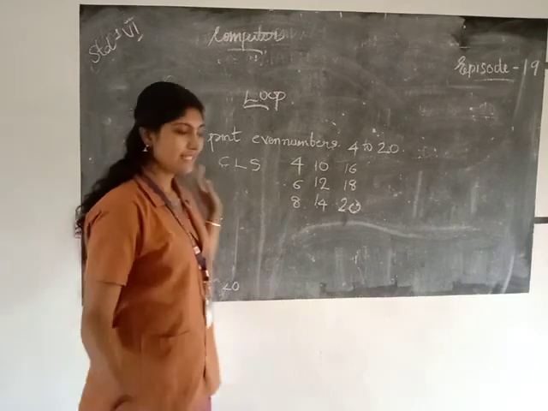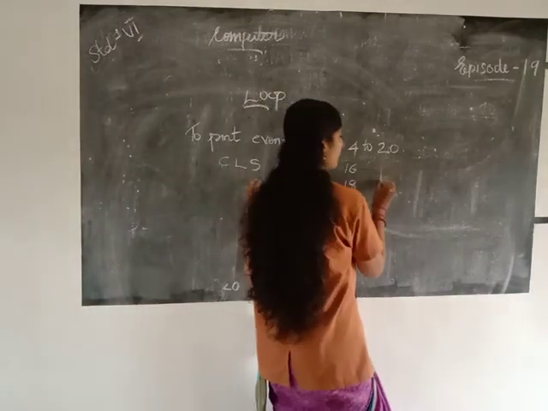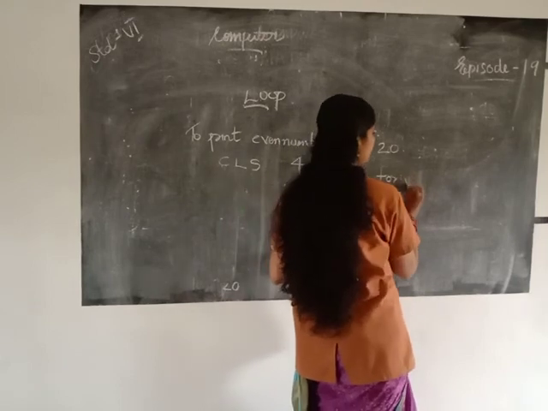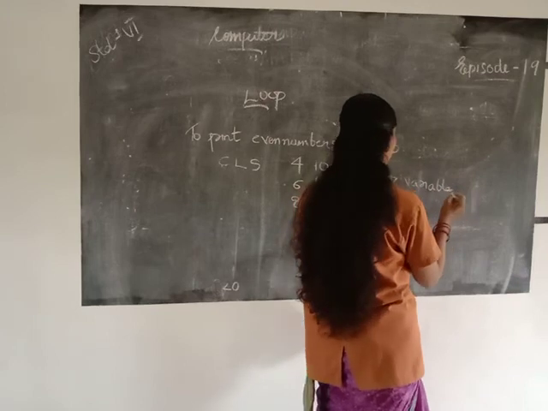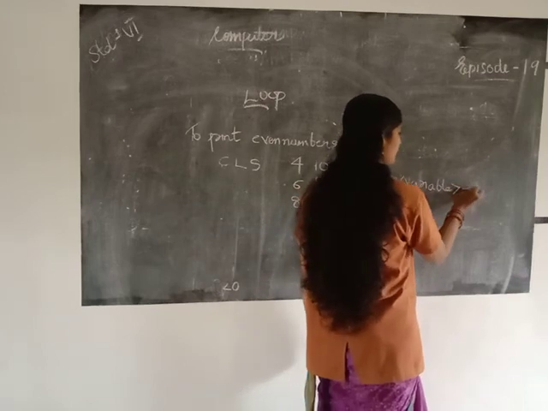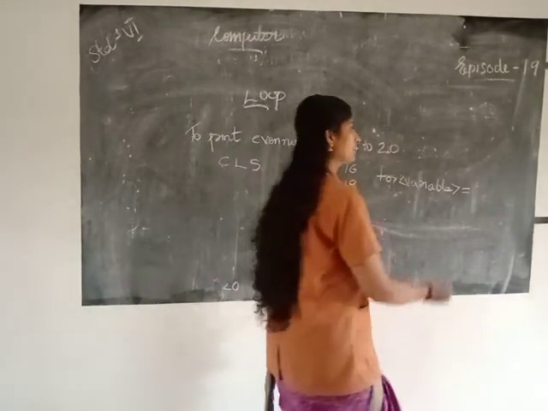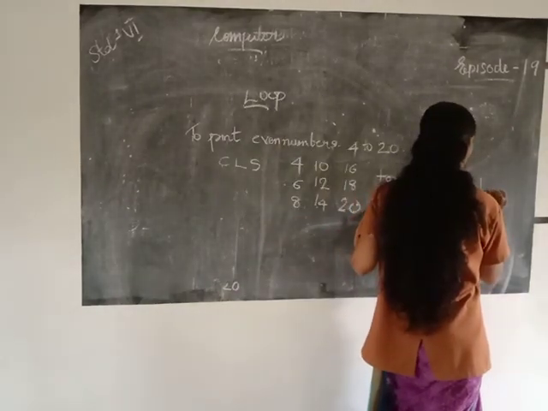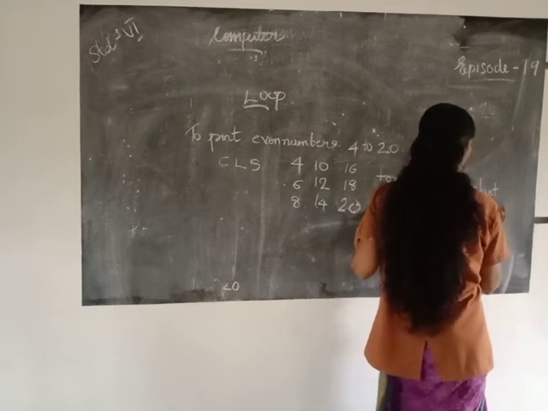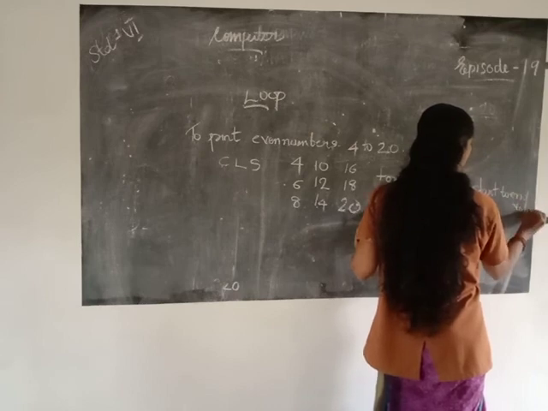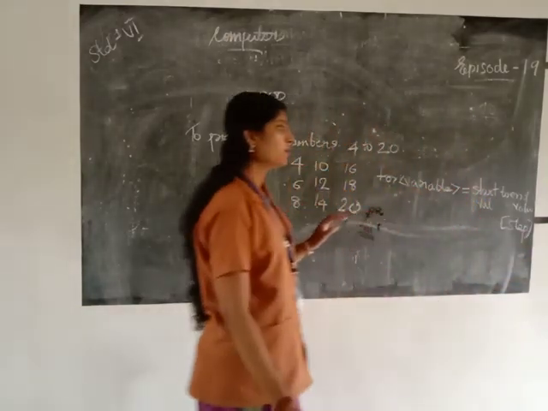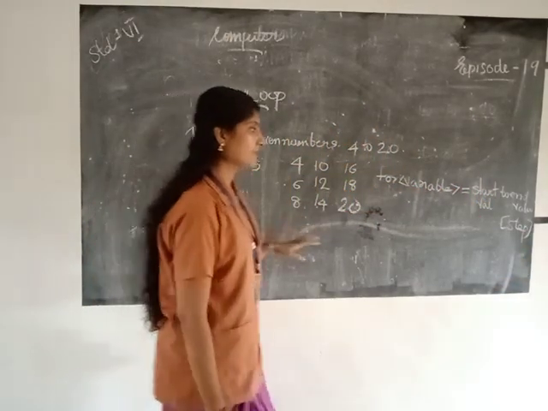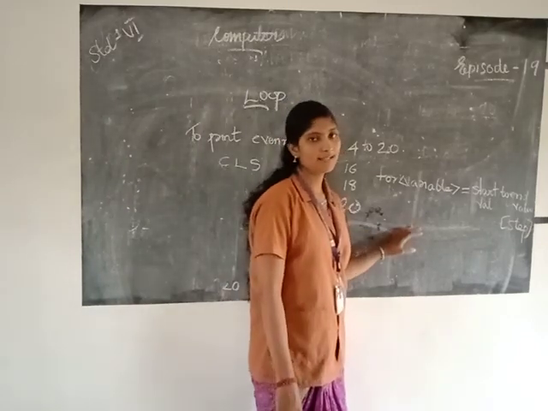The syntax of the for loop is: for variable equal to start value to end value, then step. Start value to end value, then there is a square bracket. Inside of that we can add step.